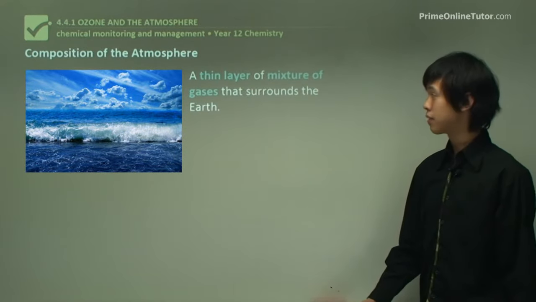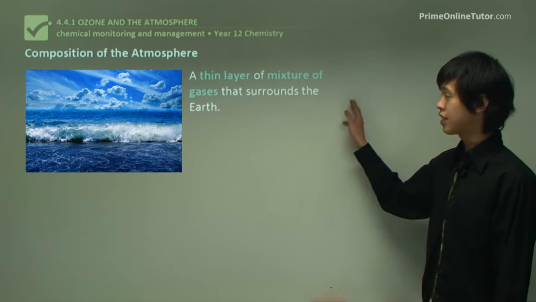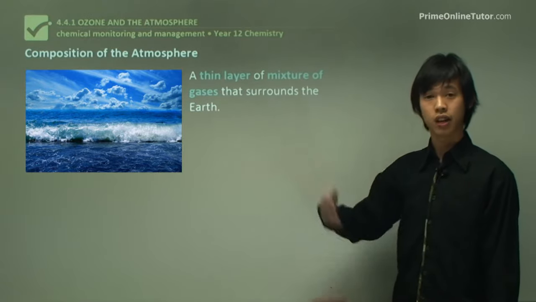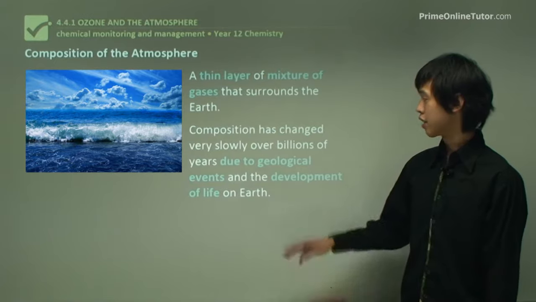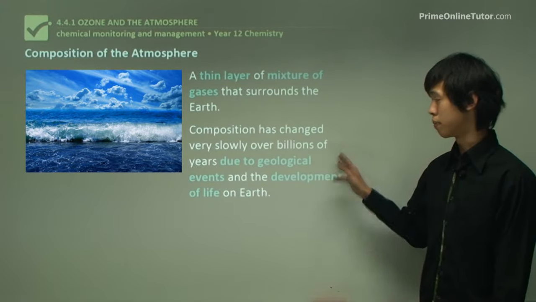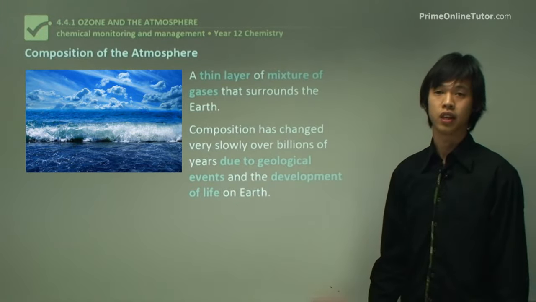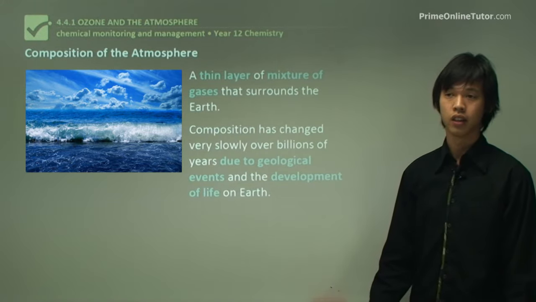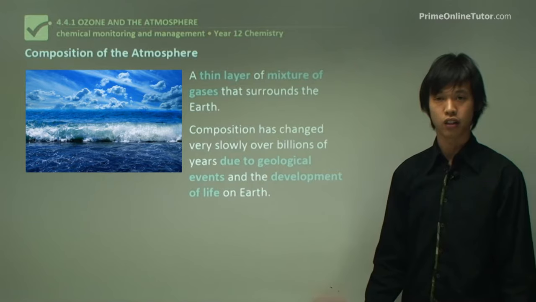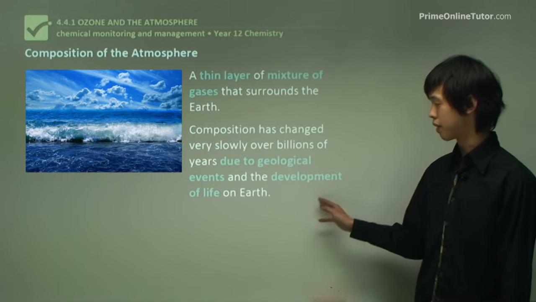So what is the atmosphere? It's a thin layer of gases, and it's a mixture of gases that surround the Earth's surface. Its composition has changed over billions of years due to several different things. Some from geological events, such as volcanoes and other release from within the Earth's core, as well as the development of life.